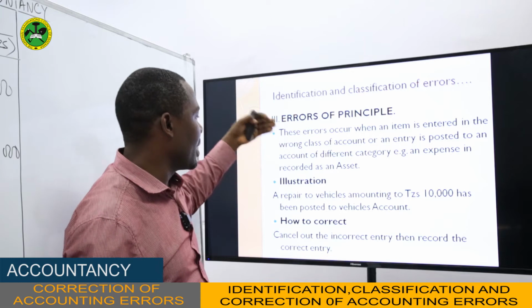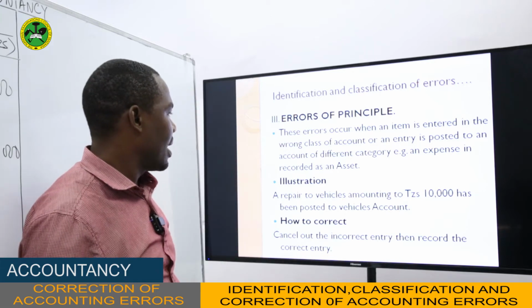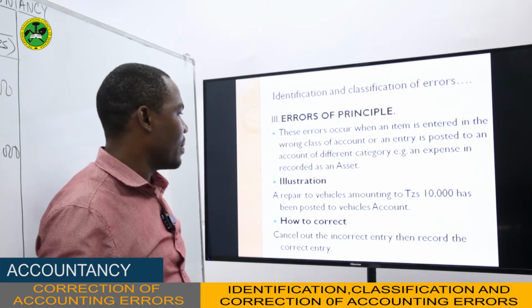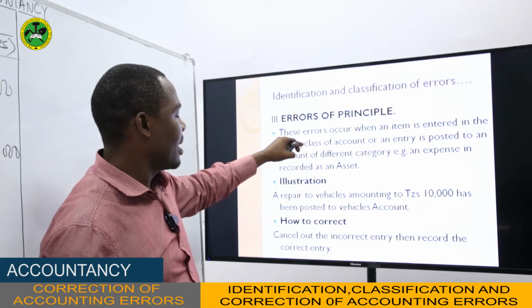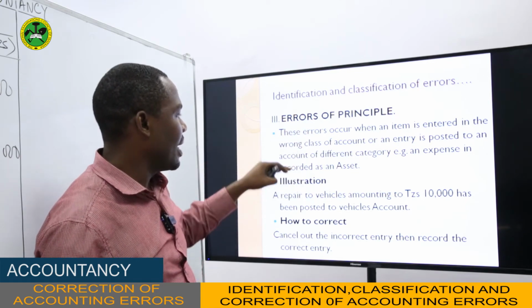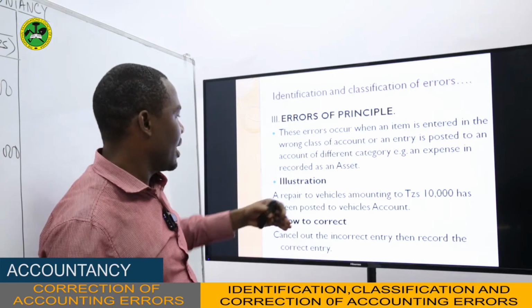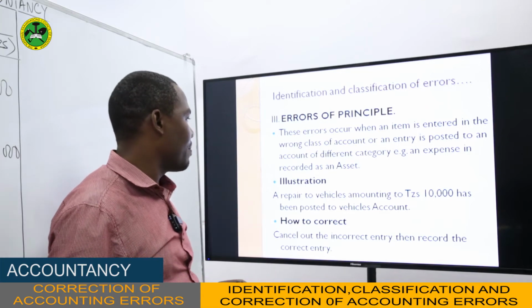Normally it goes with the expenses and the asset. But this should be of the same balance. If it is asset and expenses, asset has debit balance and expenses have debit balance. So if you make that mistake, it constitutes an error of principle.